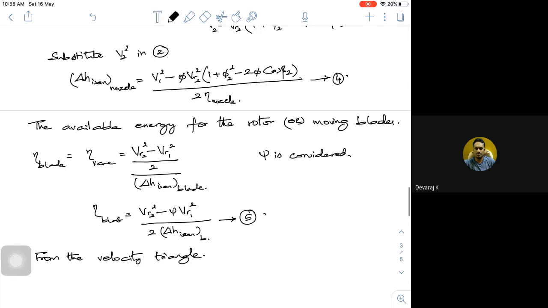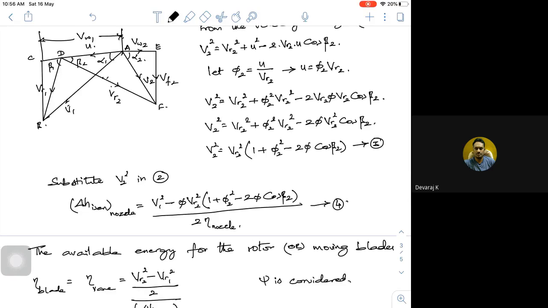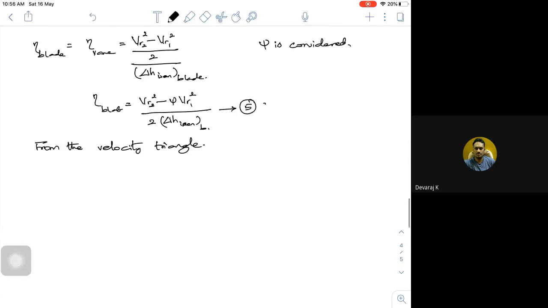I want it in terms of VR1 square, so consider the triangle ADF.